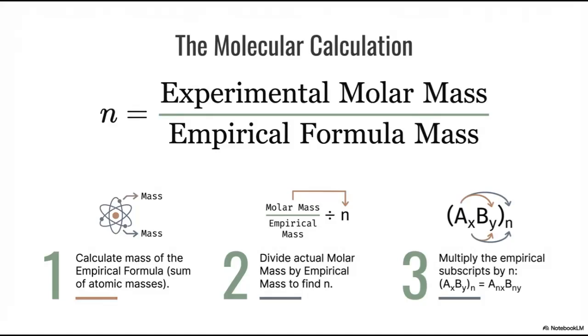Just to finish this, the factor n is the molar mass divided by the empirical formula mass. How many times does that empirical mass fit into that total mass that I have? And it's molar mass, so you don't confuse it with grams mass. So you're going to have to calculate the empirical formula mass. The molar mass of the substance is most likely going to be given to you.